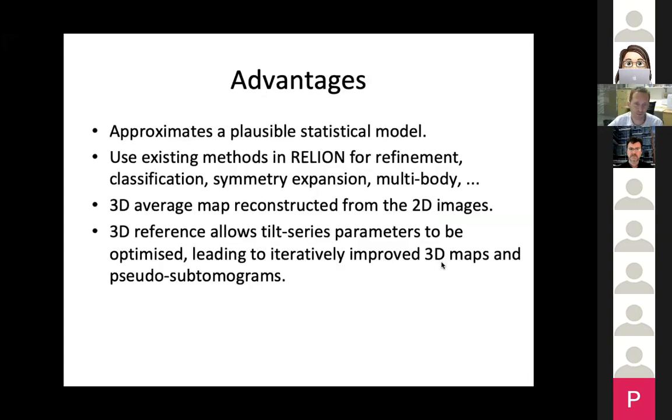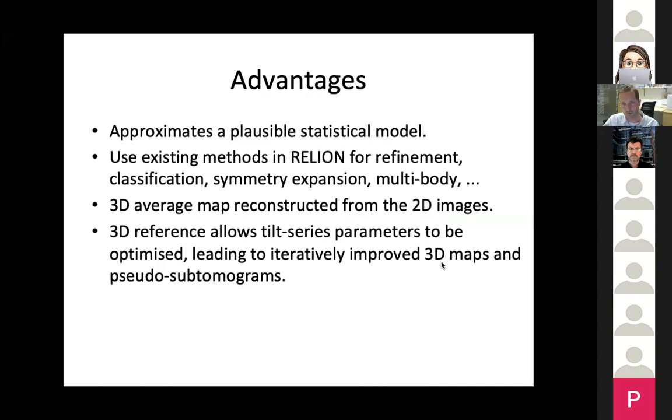Now, the advantage of this is that we now approximate at least a plausible statistical model on the 2D raw images, and by not just dealing with flat 2D image stacks, which would have required a complete rewrite of RELION-refine, we can still use existing methods of refinement in RELION.